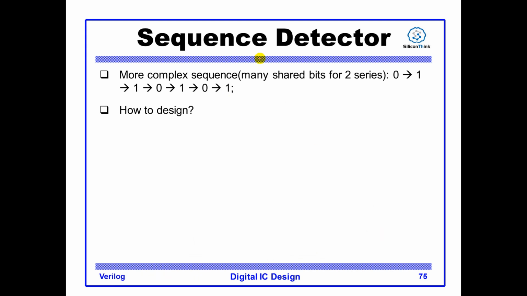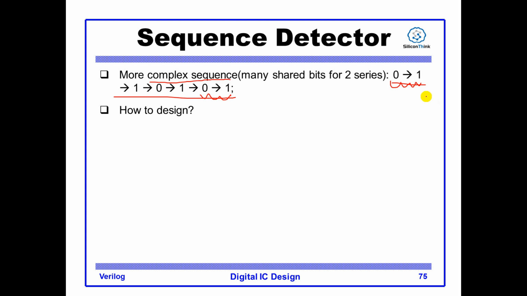And there is one question for you. If we want to design a more complex sequence, that is a sequence of 7 bits, how will you define your state and state transition conditions? And please note that there is 2 bits overlap for each group.